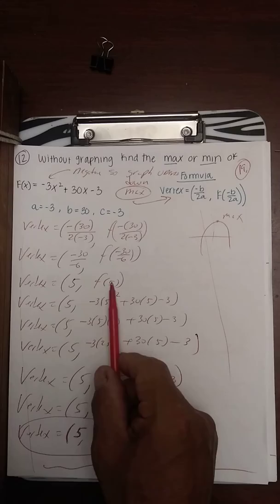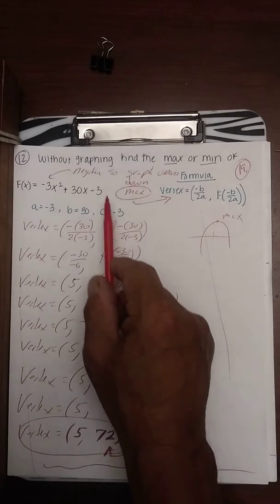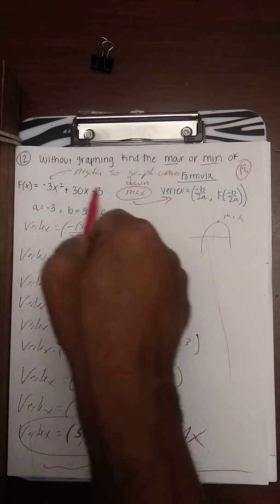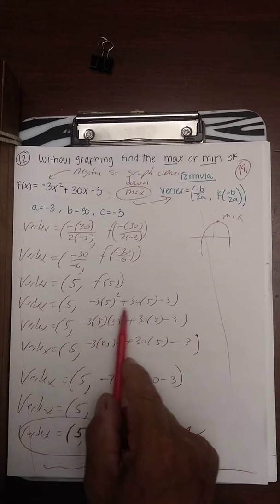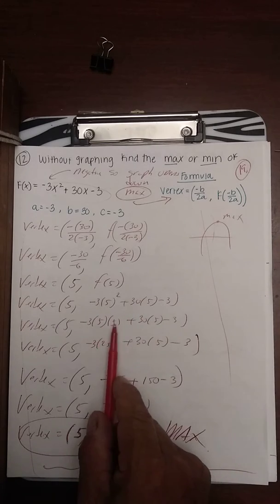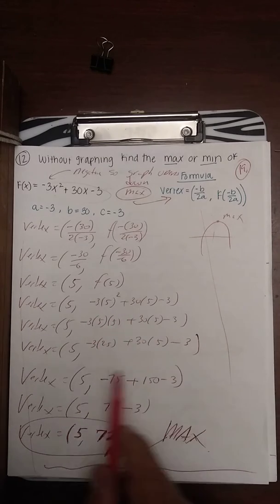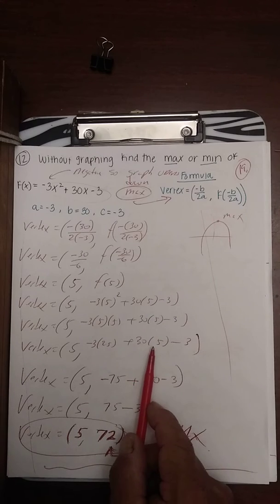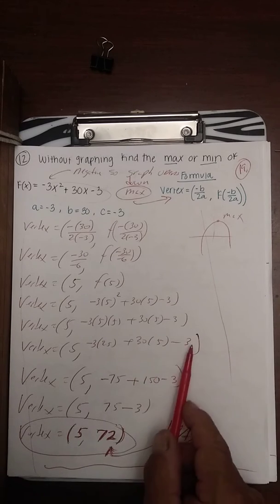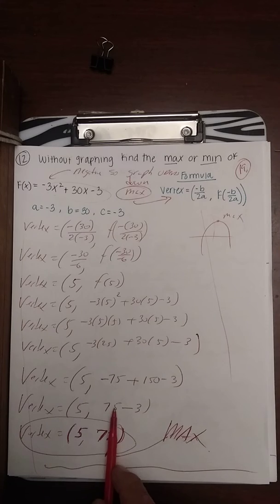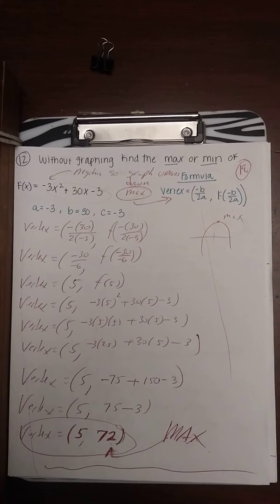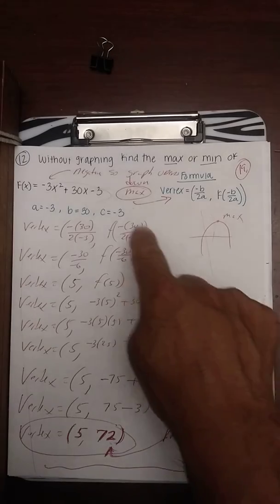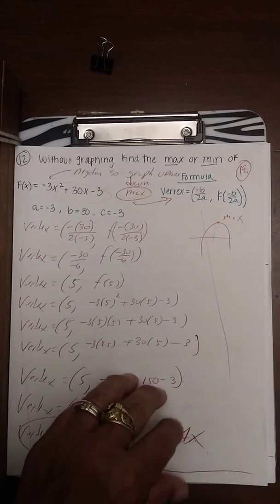And then f of 5 is, put the 5 in there for all this formula. So 5 squared is 25, and negative 3 times 25 is negative 75. 30 times 5 is 150. Negative 75 plus 150 is 75, minus 3 is 72. So this right here is the max of that. It's a max.